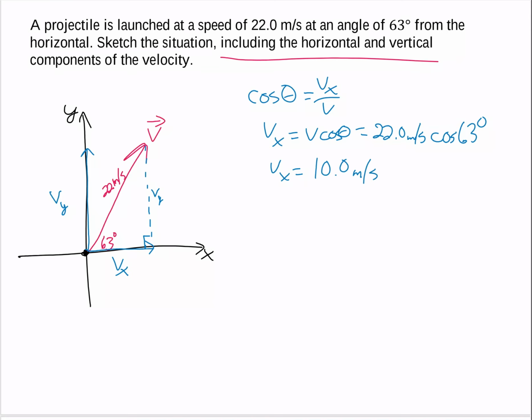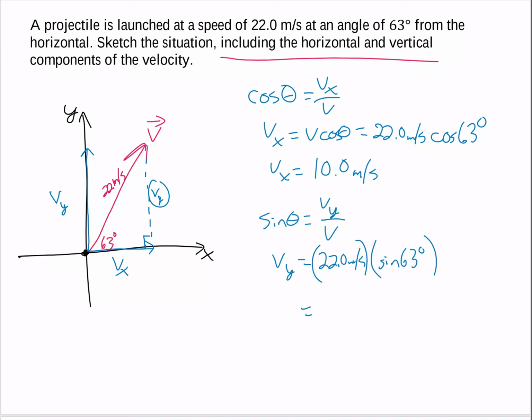Okay, so then v sub y. If I write it over here, it's opposite the 63 degrees. So opposite and hypotenuse is what I know, so I'm going to go with sine this time. Sine theta equals v sub y over v. Again, multiply both sides by v, so v sub y equals 22.0 meters per second times the sine of 63 degrees.